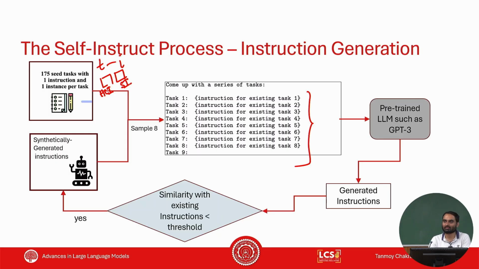So in the first stage, when the process starts, there is no synthetic instruction present in the dataset. So this set is null, whereas you have one instruction per task, which is part of this human curated instruction data, right? So what you do, you first sample 8 instructions from this set.